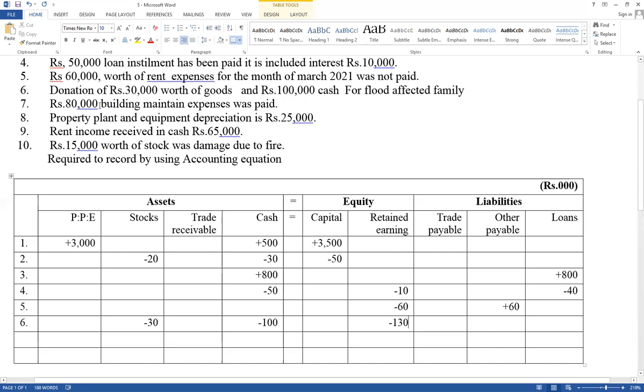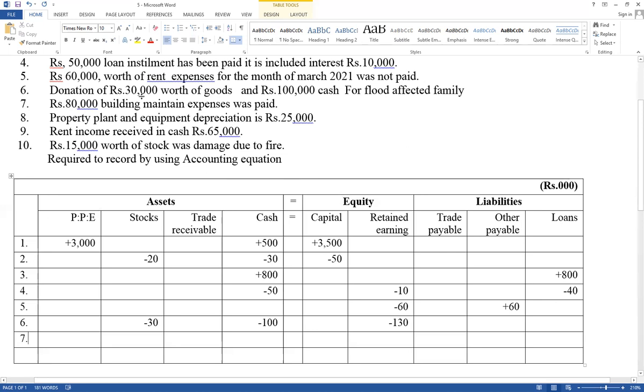Think about transaction number 7. Rupees 80,000 building maintenance expense was paid. Any expense paid, it may be building maintenance, telephone, electricity, or salary. Expense paid in cash. Transaction number 7, building maintenance expense paid in cash.